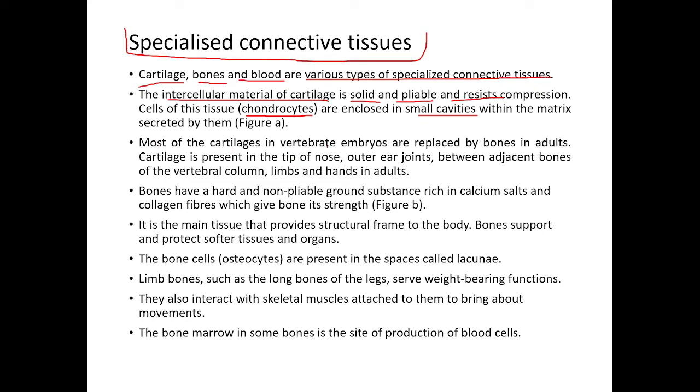Most of the cartilage in vertebrate embryos is replaced by bones in the adults. Cartilage is present in the tip of the nose, outer ear, joints, between adjacent bones of the vertebral column, limbs, and hands in adults. Bones have a hard and non-pliable ground substance rich in calcium salts and collagen fibers, which give bone its strength.